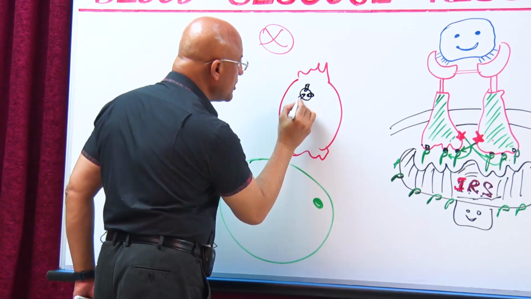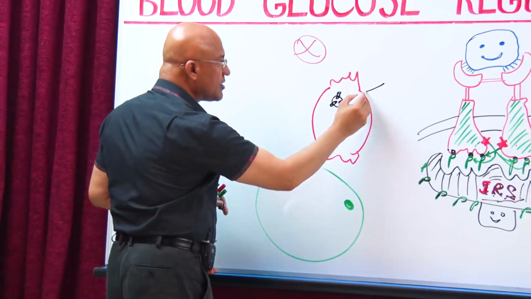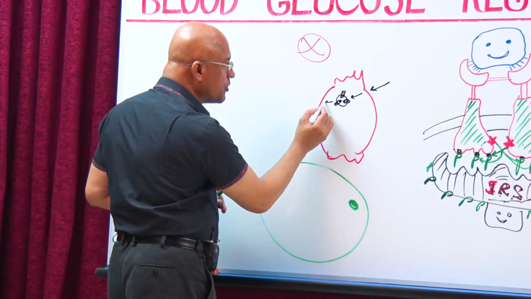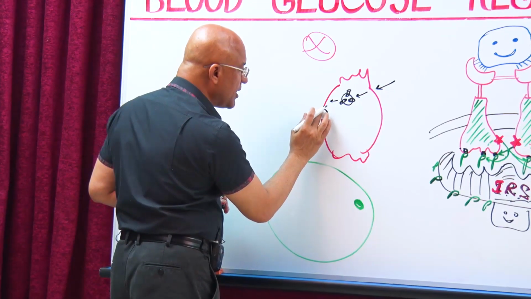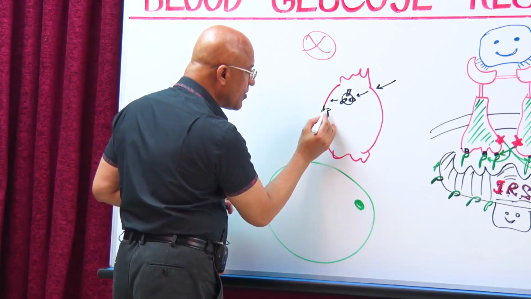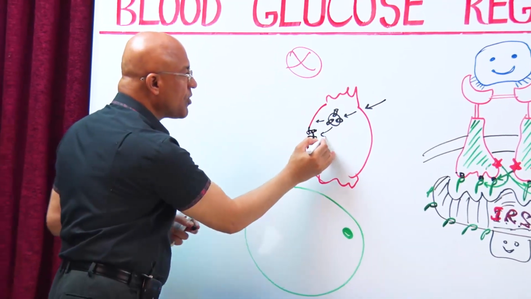This is GLUT4. When insulin signals come, GLUT4 moves to the membrane and inserts into the membrane, and in this way a part of the membrane expresses GLUT4.